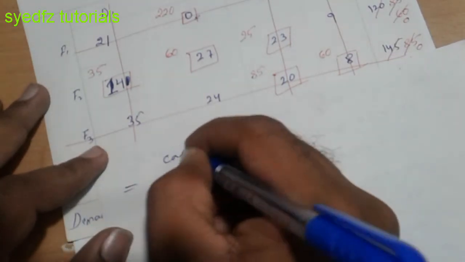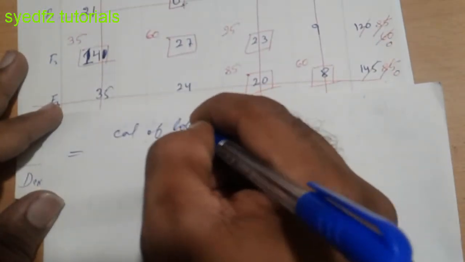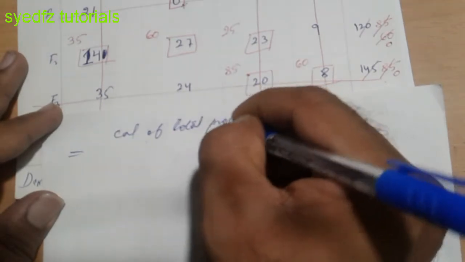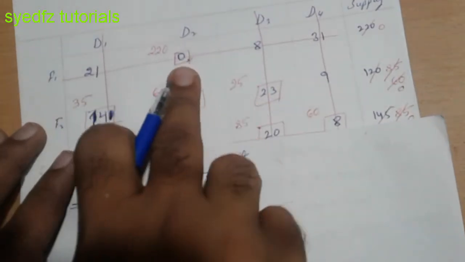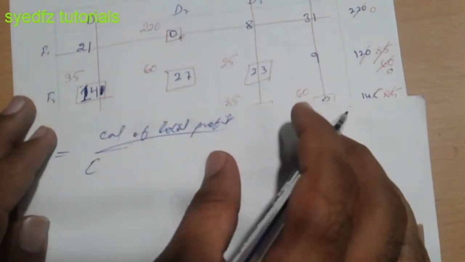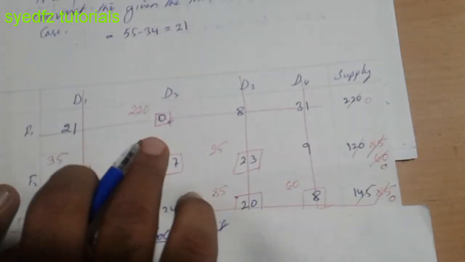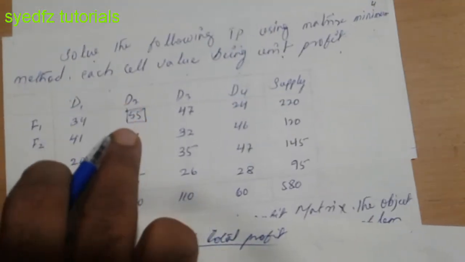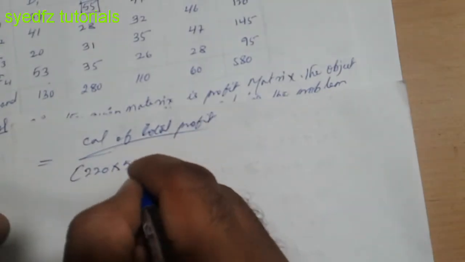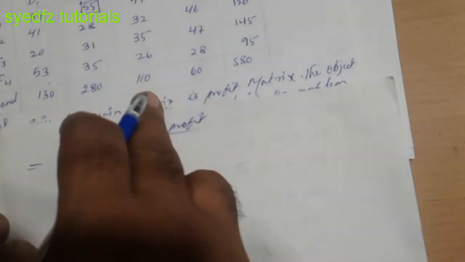Calculation of total profit. Here in the first row, 220 into 0. D2 is a 0, means earlier in profit D2 it was 55. So take here 55, like this. Means from this table we have to take the original values.